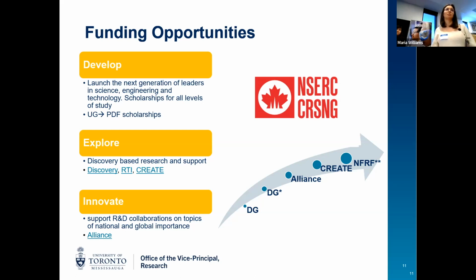But once you start to establish your work, it's not common, but it's not impossible to get to about 100,000 per year. Again, once you have a good stable research, you can expand your network, do something like an Alliance. Again, then keep going when you have these partnerships created, do something like a Create, ending off with an NFRF or something similar.